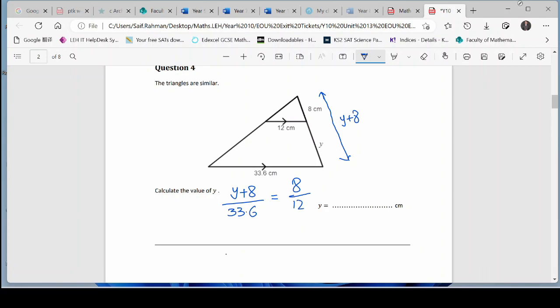So in this case, we multiply across, that gives us 12y plus 96 is equal to 8 times 33.6. So when we solve this equation, y is equal to 14.4.